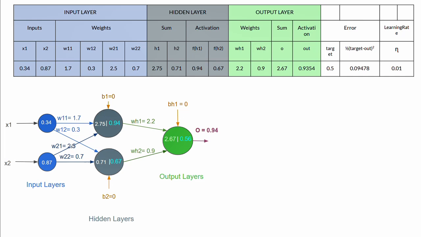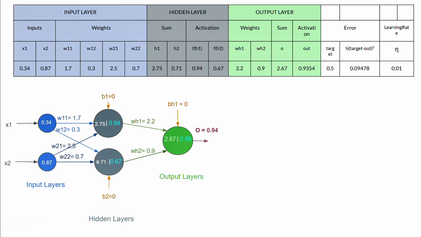The summation function, let's denote it by h1 and h2, gives 2.75, 0.70. I've considered the bias as 0, so let's just ignore the bias.